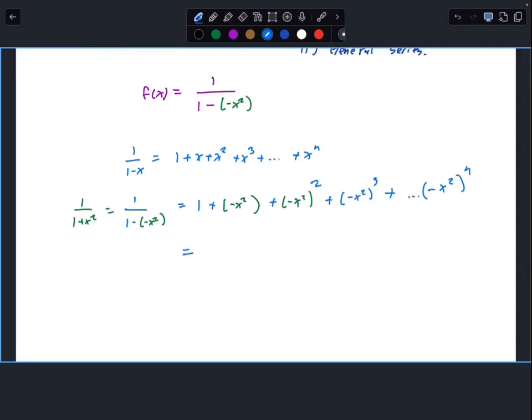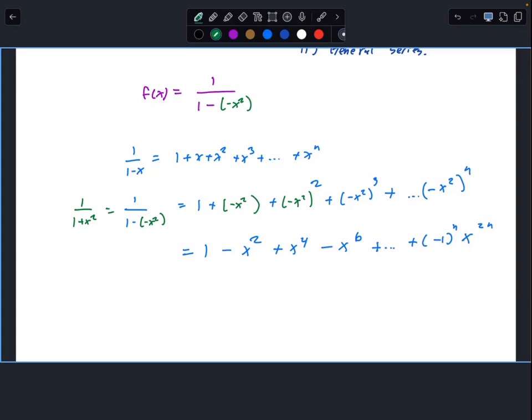which gives me 1 minus x squared plus x to the fourth minus x to the sixth plus dot, dot, dot, plus negative 1 to the n times x to the 2n.